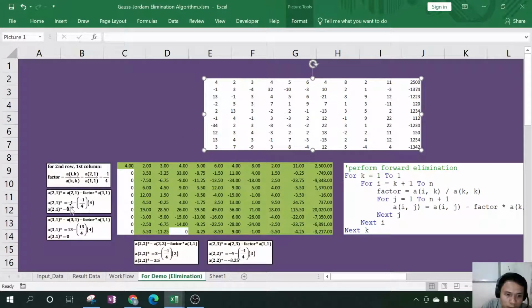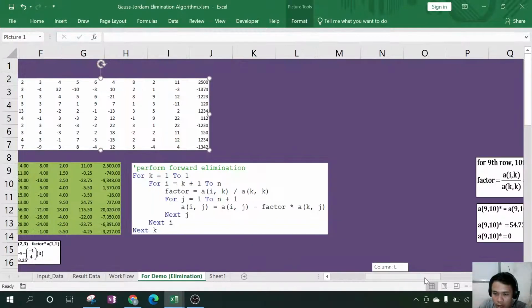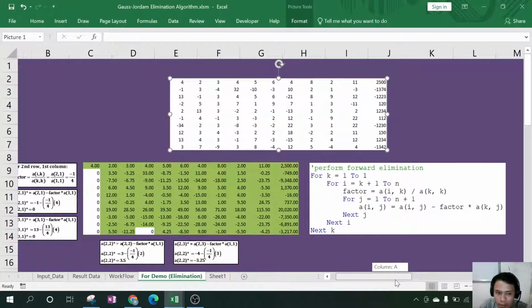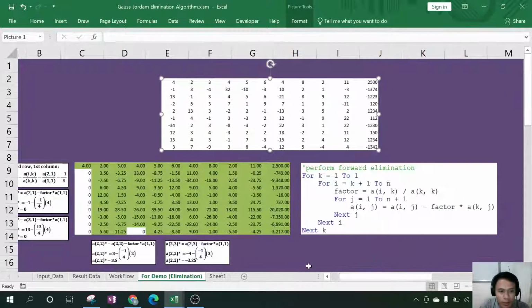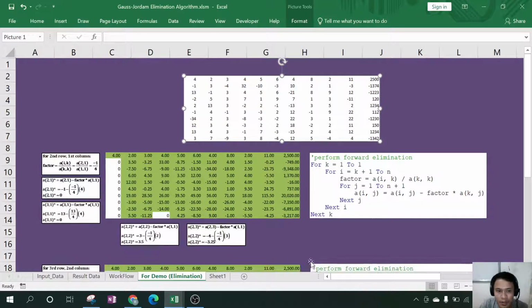So that is negative 1 minus the factor, which is negative 1/4, times the akj.